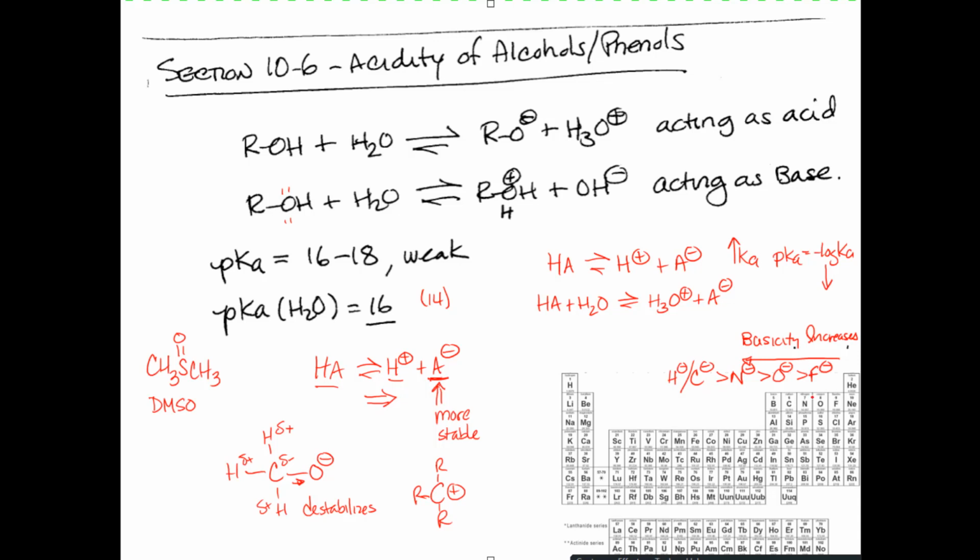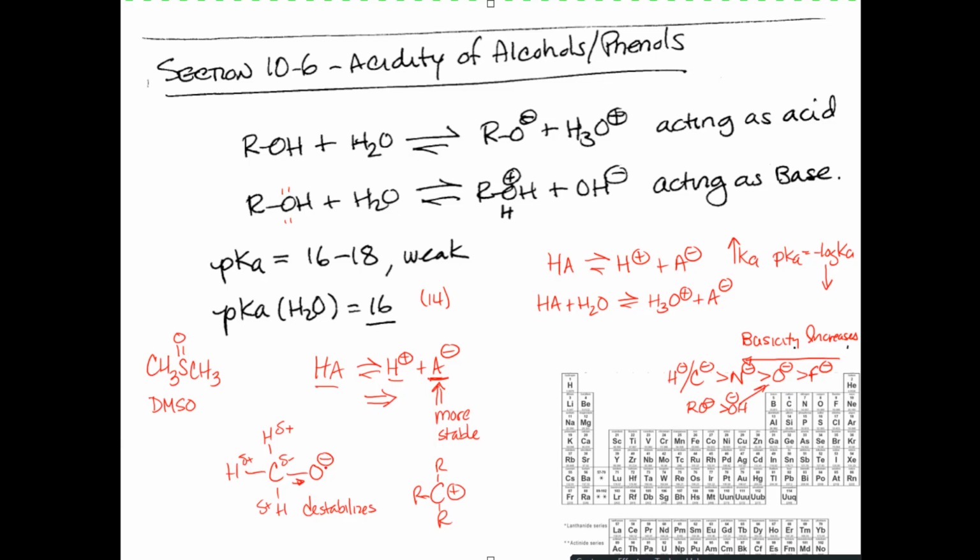So in the Organic 1 course, we talked about the idea that horizontally basicity increases from right to left. Well, now we have two levels of O minus. And so we should have that the RO minus is greater than hydroxide in terms of it acting as a base.